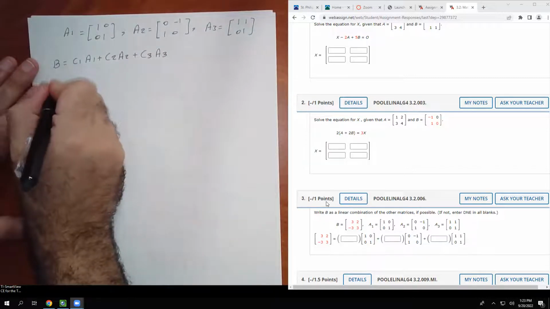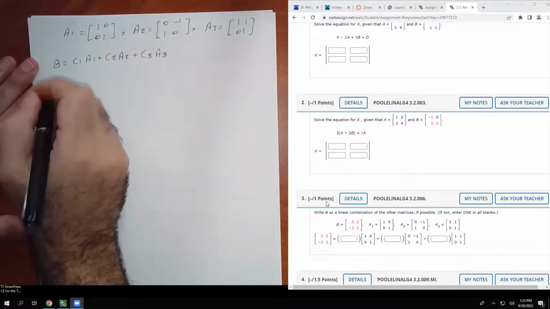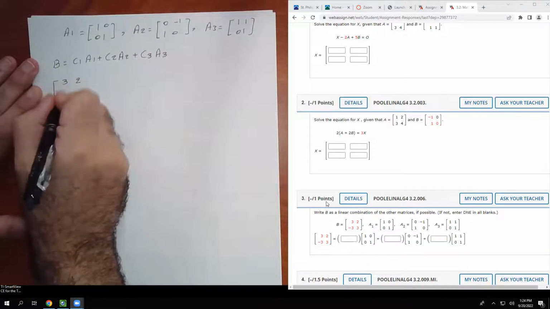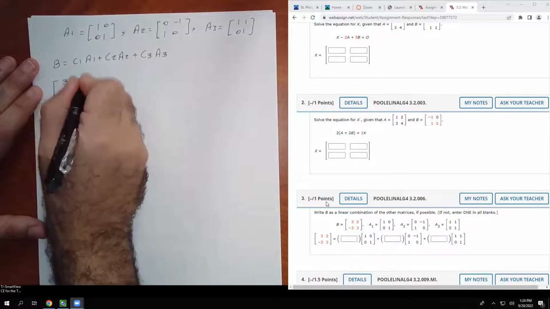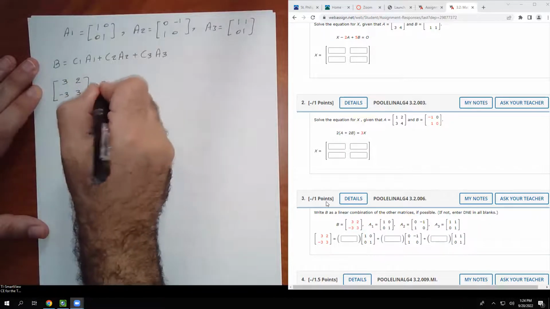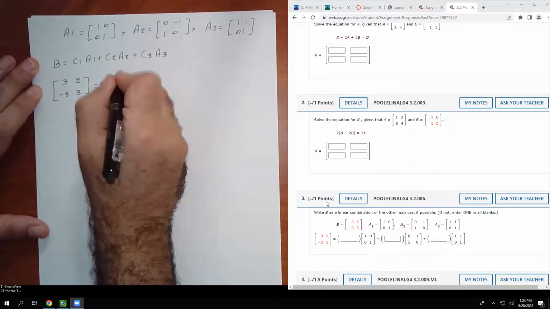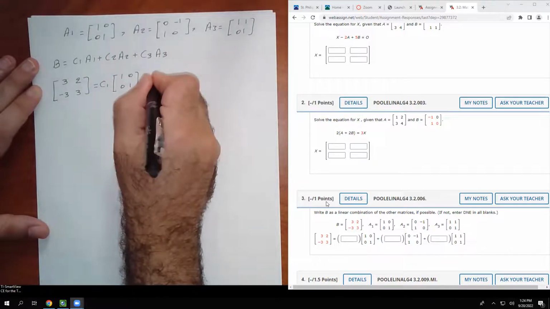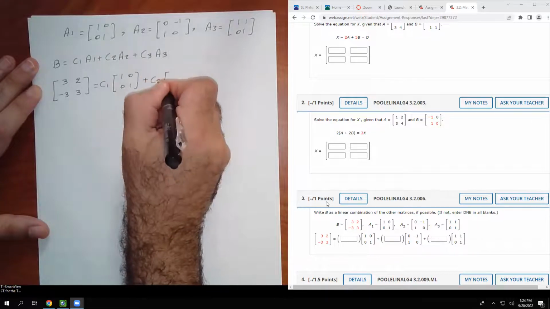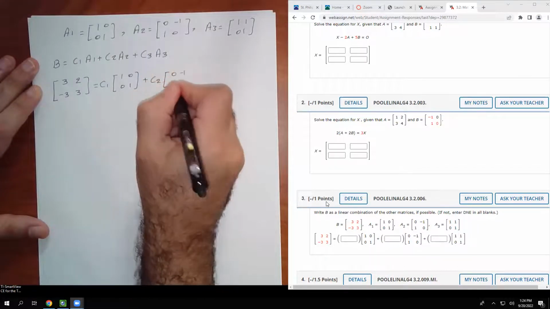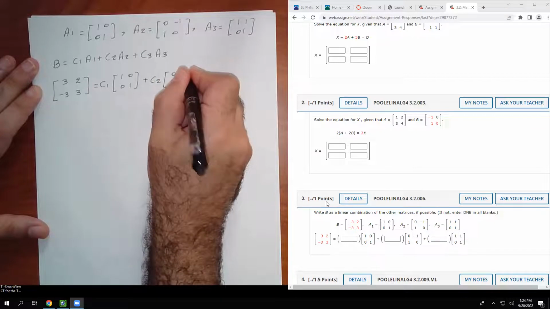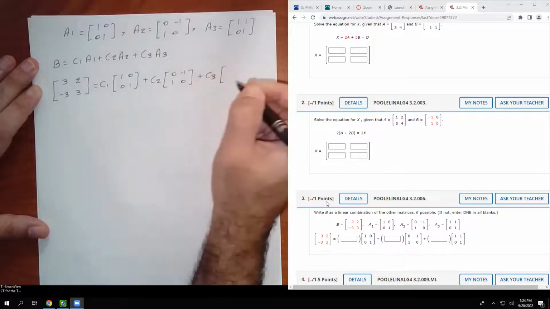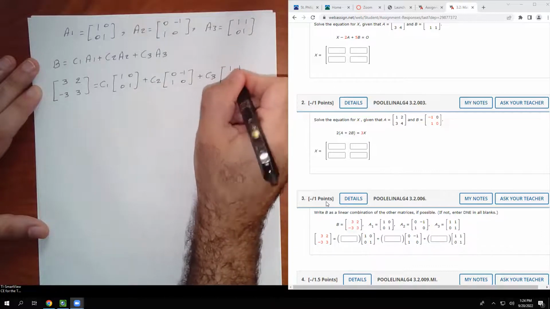Now, the matrix B is 3, 2, -3, and 3. Equal C1 times the matrix A1, which is 1, 0, 0, 1, plus C2 times the matrix A2, which is 0, -1, 1, 0, plus C3 times the matrix A3, which is 1, 1, 0, 1.